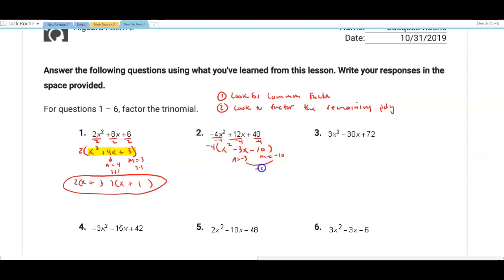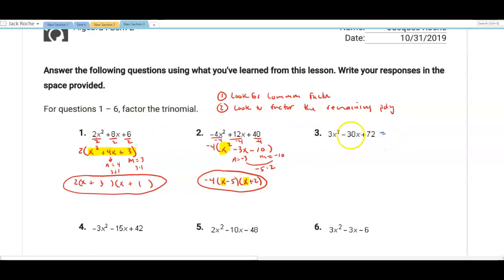That would be negative 5 and 2. So negative 4 times x minus 5 times x plus 2. What happens here is these problems are not like the ones we just did, because that's just x squared, so my first terms can be x and x.